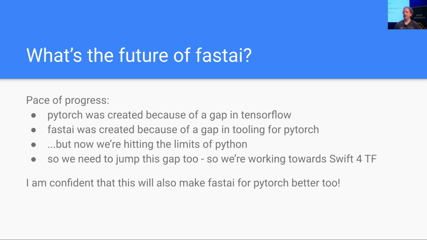We want to create highly flexible on-GPU augmentation systems. We can do all these things in PyTorch, but they're slow enough that we tend to choose not to. So we're hitting the limits, and we need to start building the next thing. And we were very lucky, again, that Swift for TensorFlow appeared at just the right time.